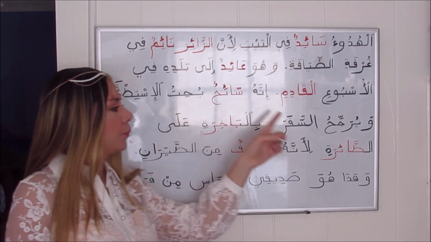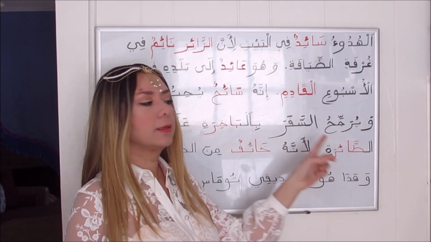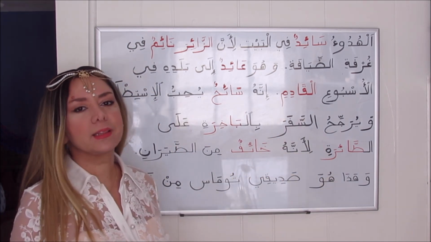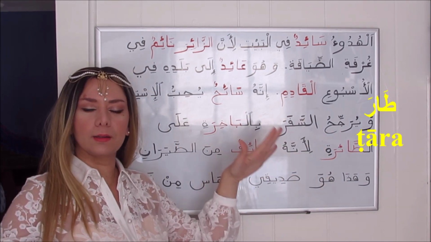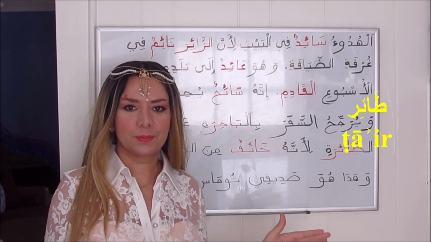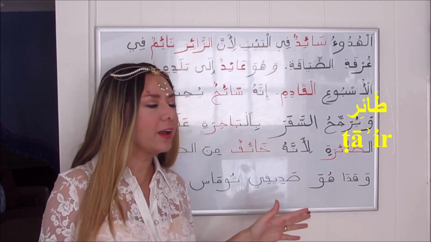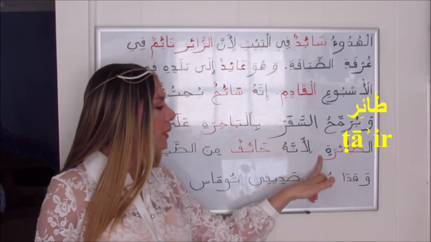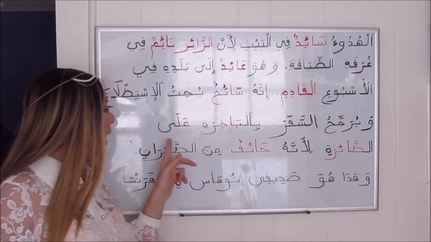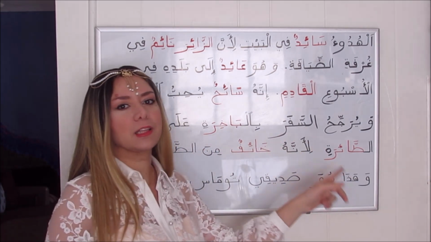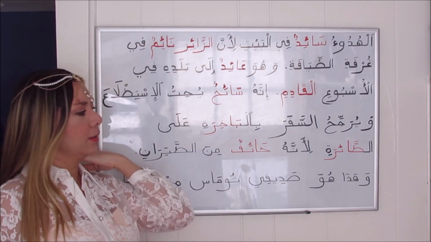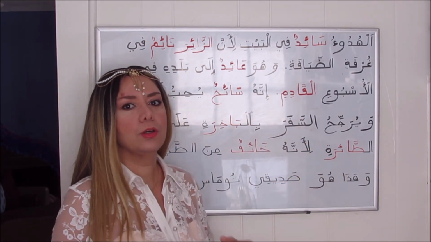To airplane. على الطائرة. الطائرة of the verb طار. طار, to fly. طائر is a bird. The feminine noun طائرة is an airplane. على, and because الطائرة is preceded by على, it has to be in the genitive.